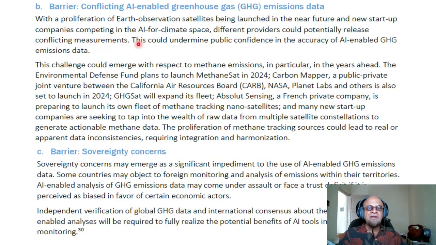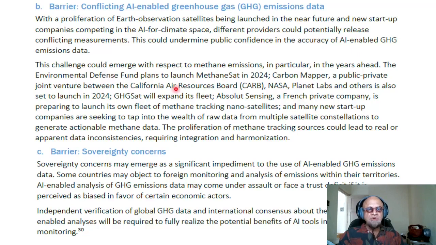Barriers also include conflicting AI-enabled greenhouse gas emissions data. So with the proliferation of Earth observation satellites being launched in the near future and new startup companies competing in the AI for climate space, different providers could potentially release conflicting measurements. This could undermine public confidence in the accuracy of AI-enabled greenhouse gas emissions data.